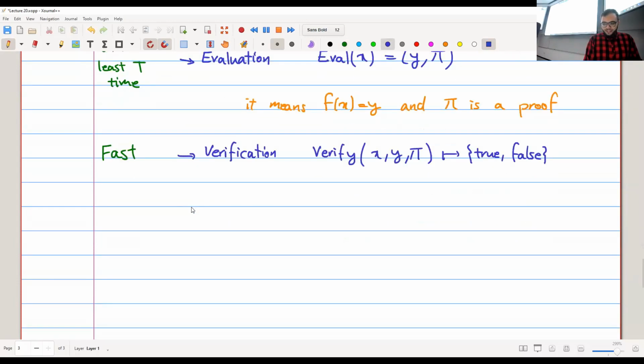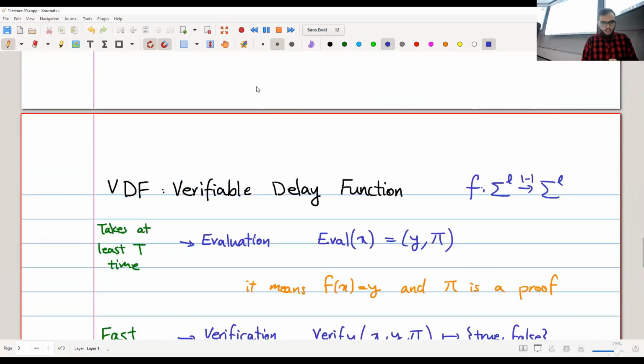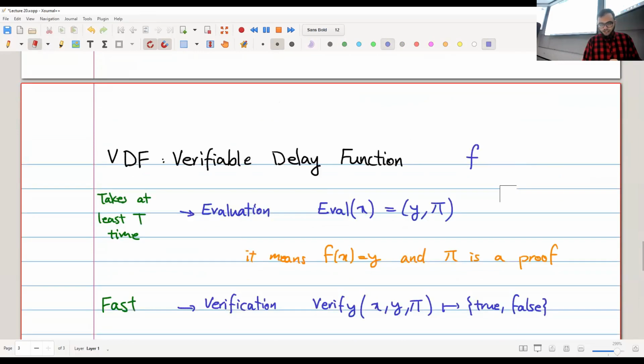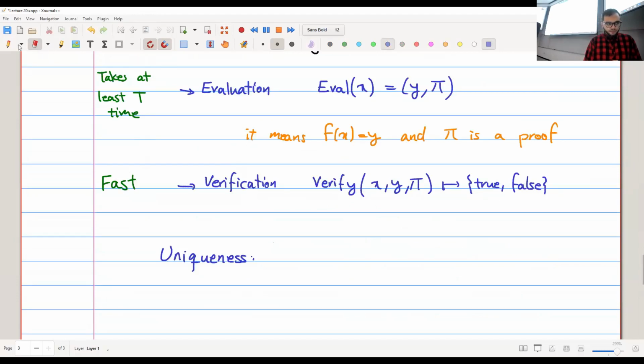So what are the properties that I need to have? Well, of course, I need to have the uniqueness property. I don't necessarily need this to be 1-to-1 right now. Let's say I have a function f. My uniqueness property is that for every x, there should be one y.